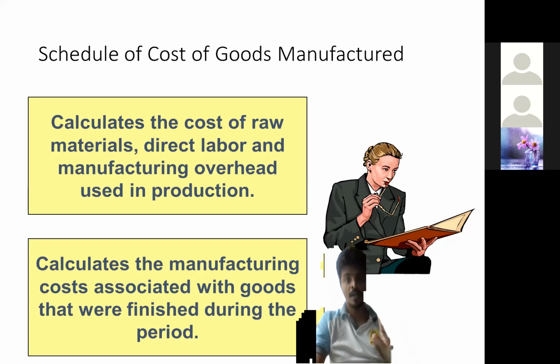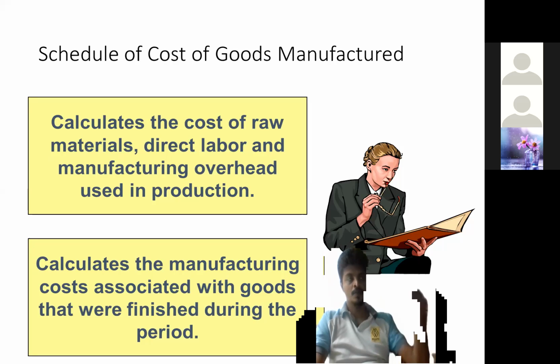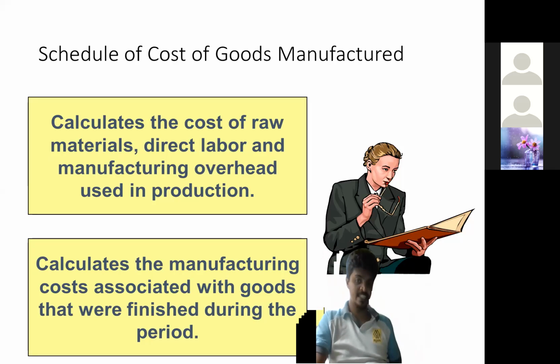In other words, we need to identify the total expenses which we incurred within this period, and we are transferring some products to finished goods. We need to identify that cost separately, because in some cases we can have some work in progress stocks.